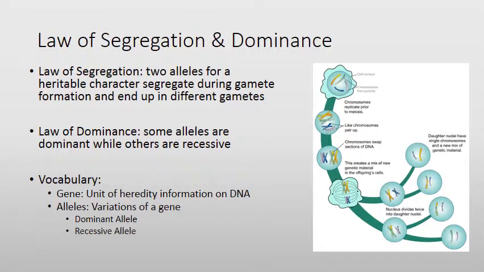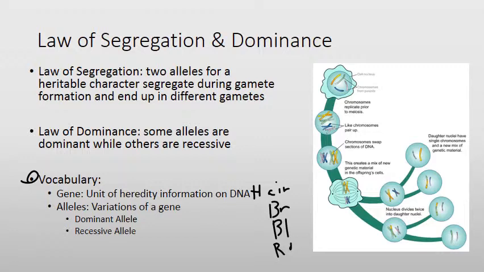So now let's talk about the law of segregation. Before we get into the law of segregation, we need to talk about certain vocabulary. We have gene and alleles. A gene is the unit of heredity information of DNA. An example would be like your hair color. And then you have different alleles of hair color, such as brown, blue, and red hair also.